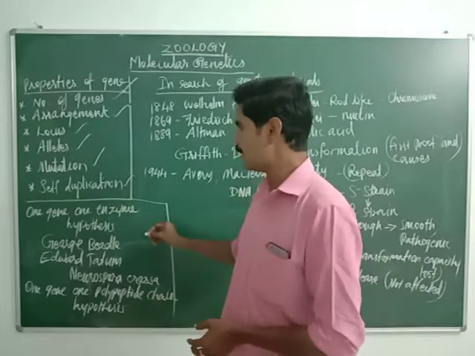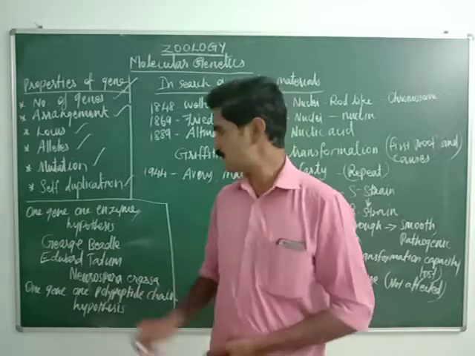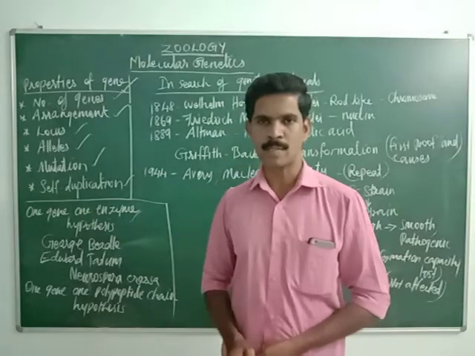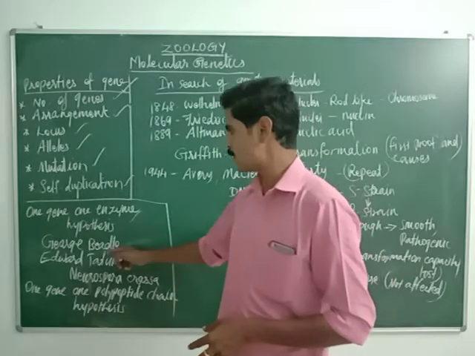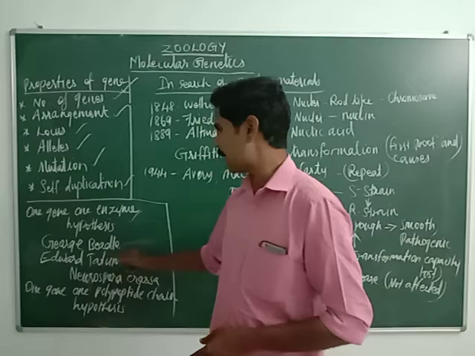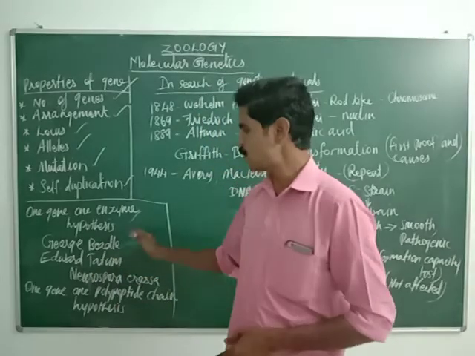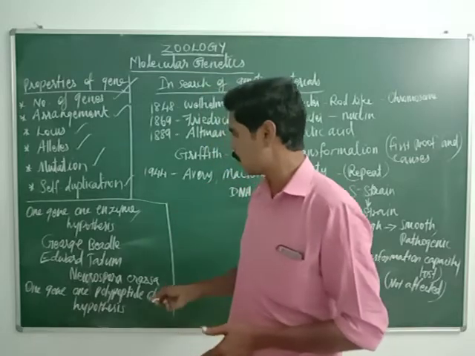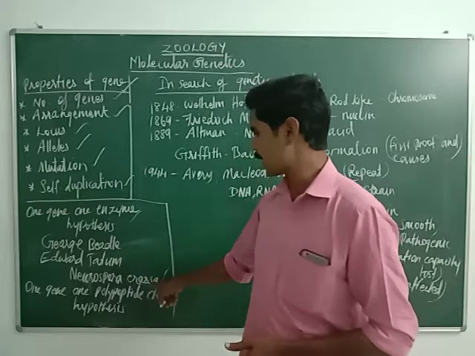Now we are going to study two 2-mark questions. The first question is the one gene, one enzyme hypothesis. Here there are two scientists. One scientist's name is George Beadle and the second scientist's name is Edward Tatum. These two people together did one experiment in a mold, or a fungus. The name of this fungus is Neurospora crassa.